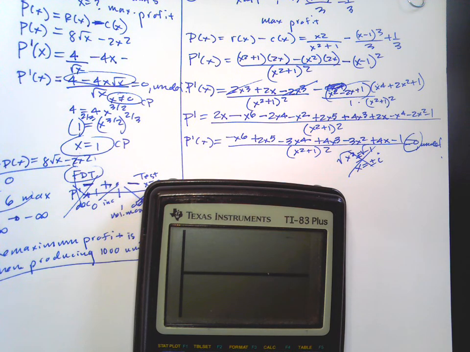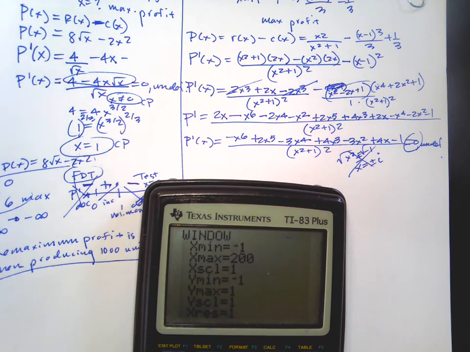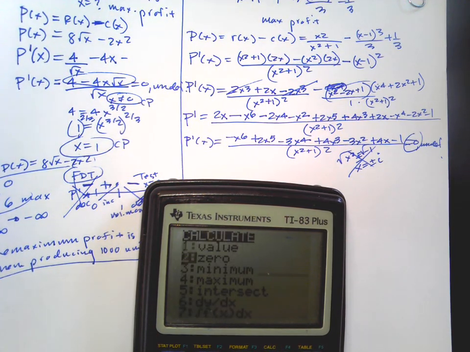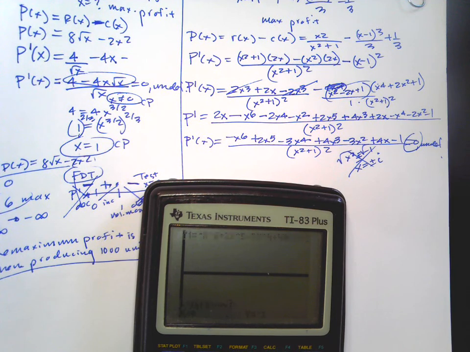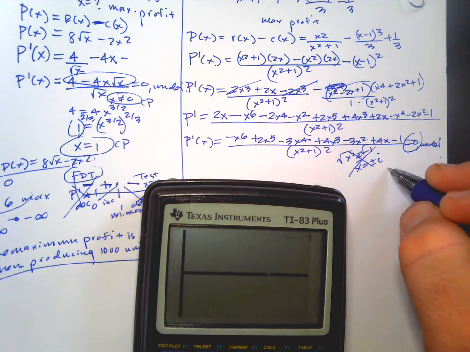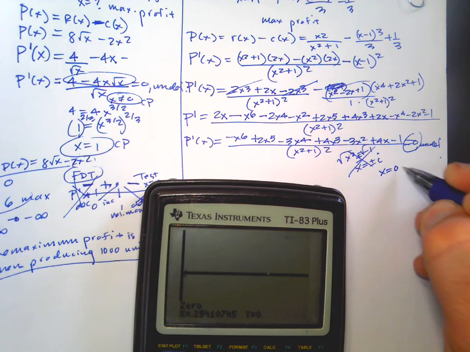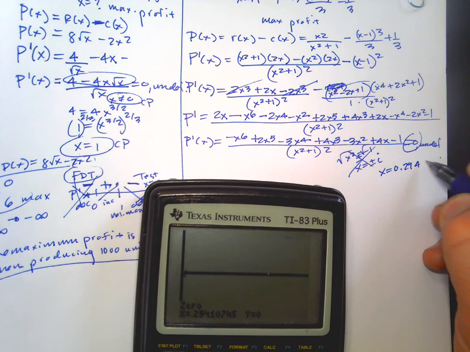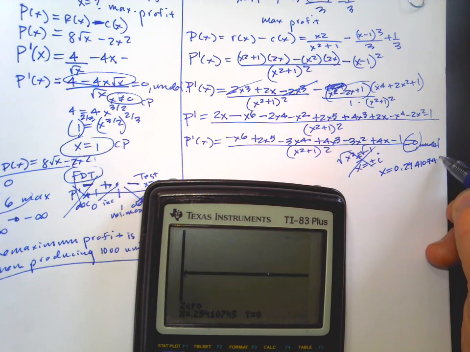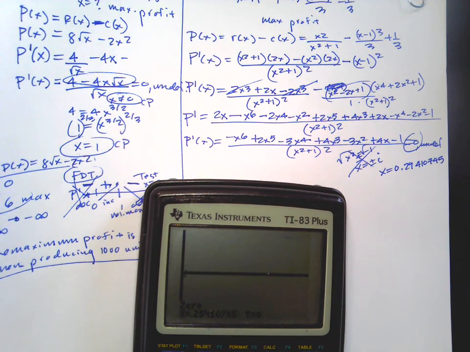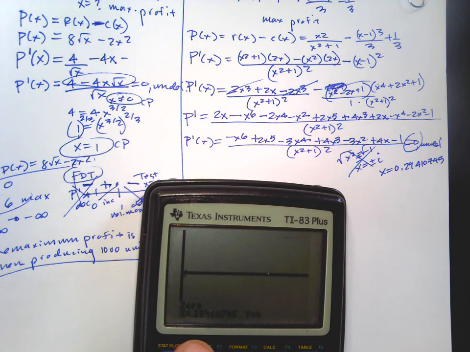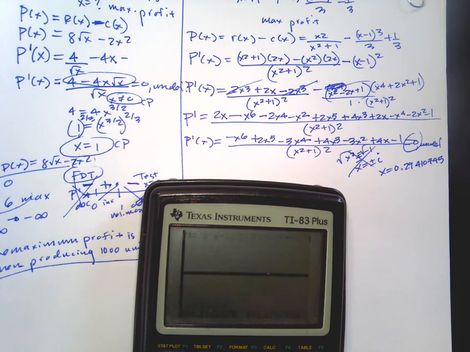Okay, for. There's definitely one early on. We can go second calc, zero, and say, well, let's look from 0 to 10, guess 1. And there's one that's early on, I think. X equals 0.2941075.